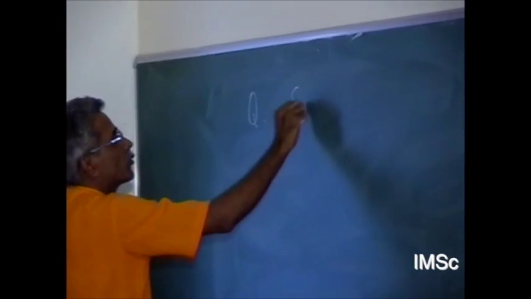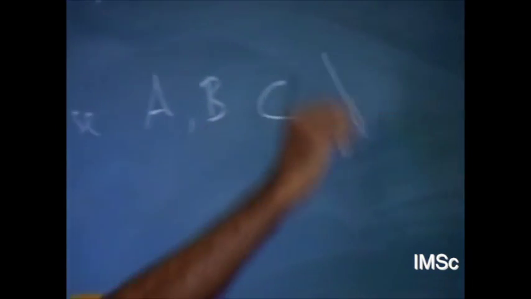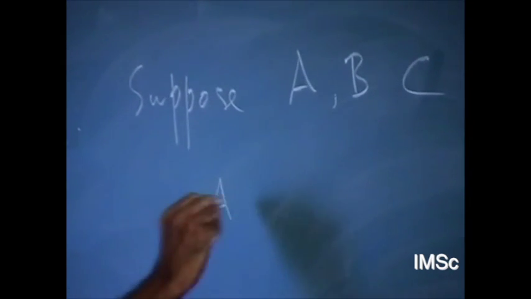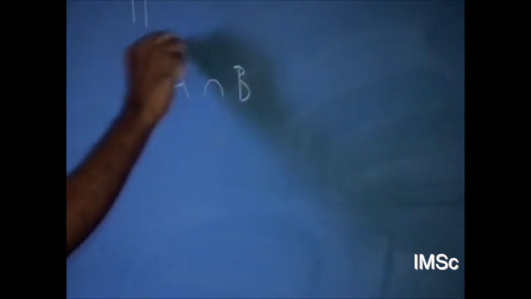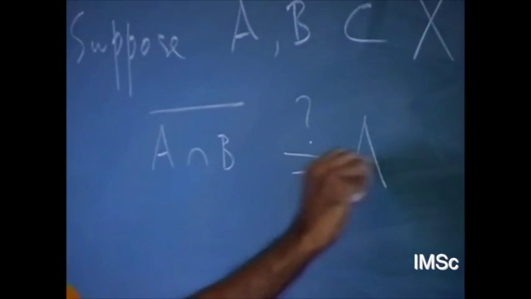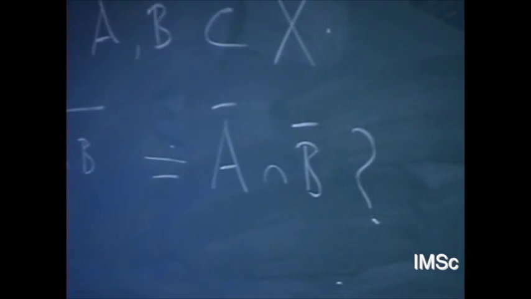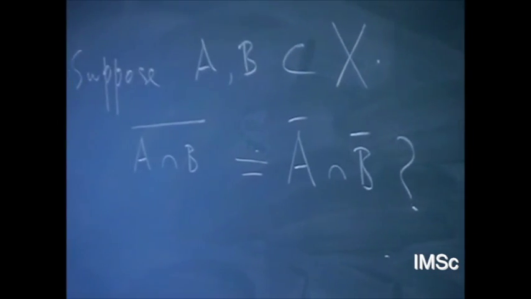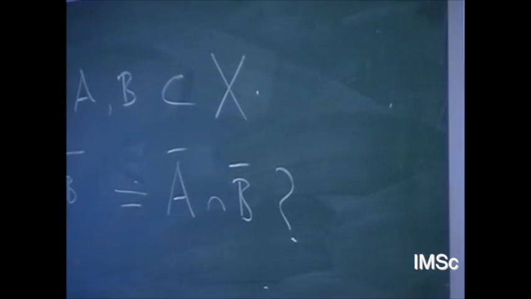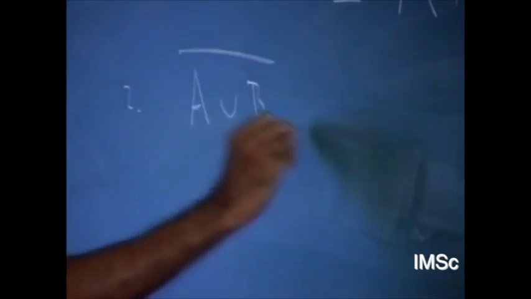So, question. Suppose that A and B are subsets of some topological space X. Is it true that if I take A intersection B and then take closure, it is the same as A closure intersection B closure? What about A union B closure?